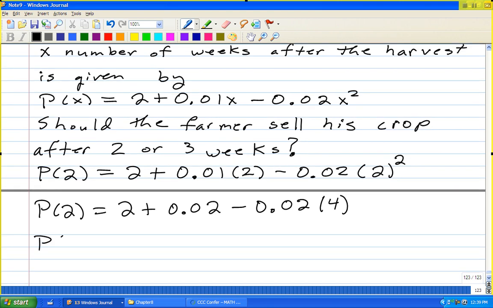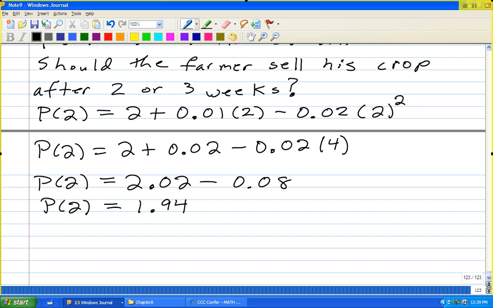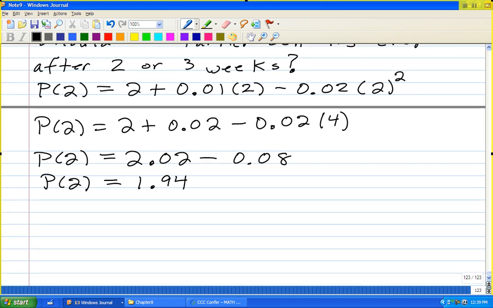So 2 plus 0.02 is 2.02, minus 0.02 times 4, which is 0.08. And so he can sell it for $1.94, or whatever units. I'm assuming it's dollars.